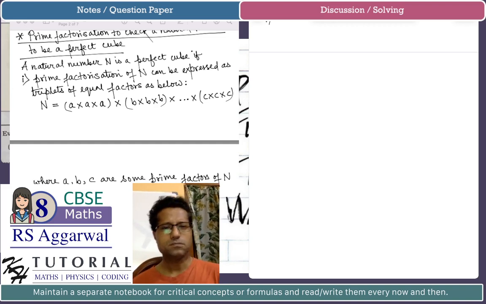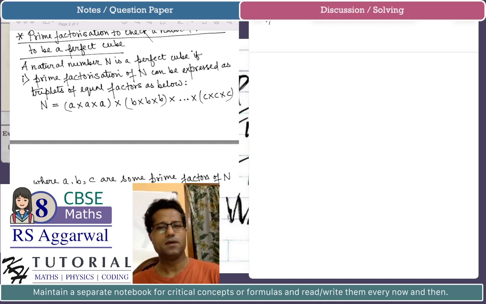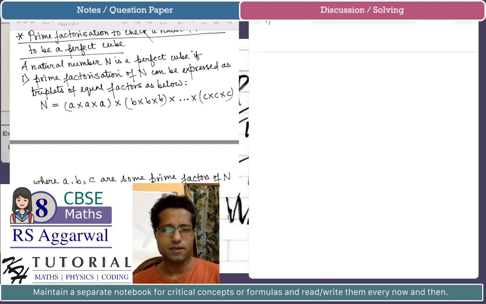We first do prime factorization of n. We say that a natural number n is a perfect cube if its prime factorization can be expressed as triplets of equal factors as below.